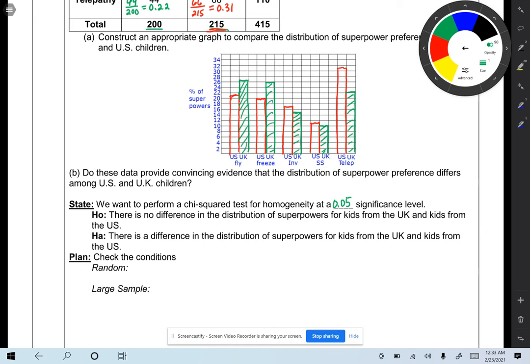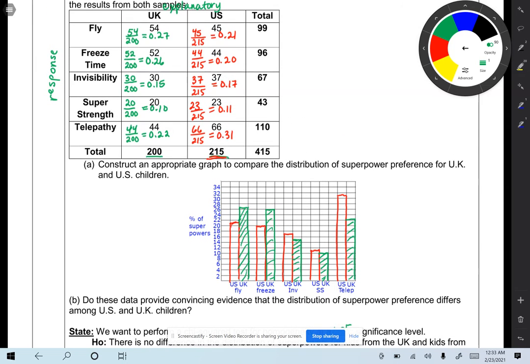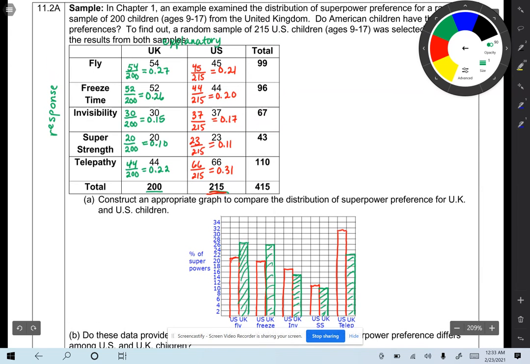Before we go into the plan section, we want to figure out what the marginal distributions are. This is really important because it'll help us figure out the expected values. And so the expected proportion if there is no difference is the following.